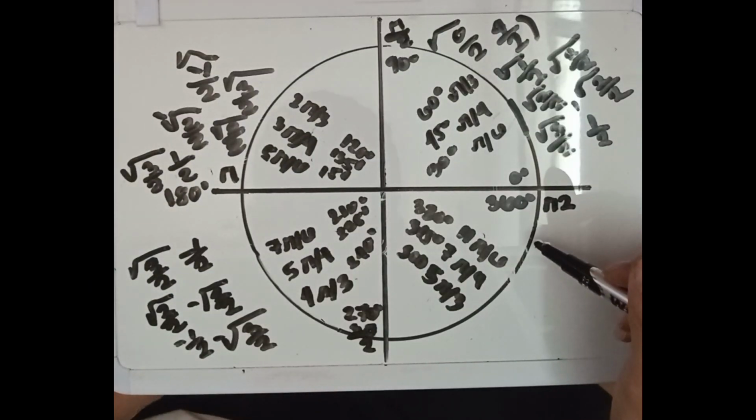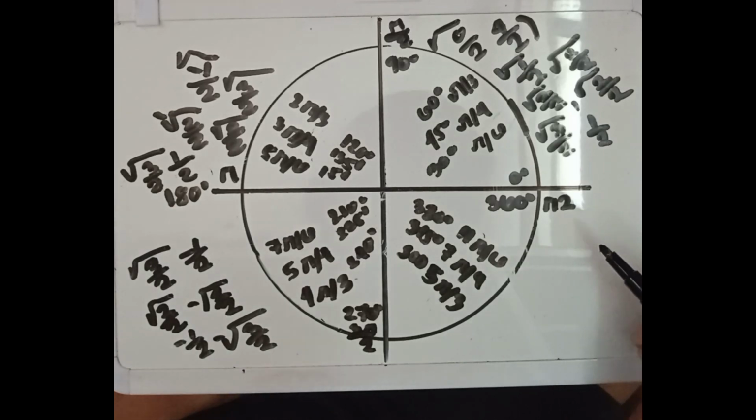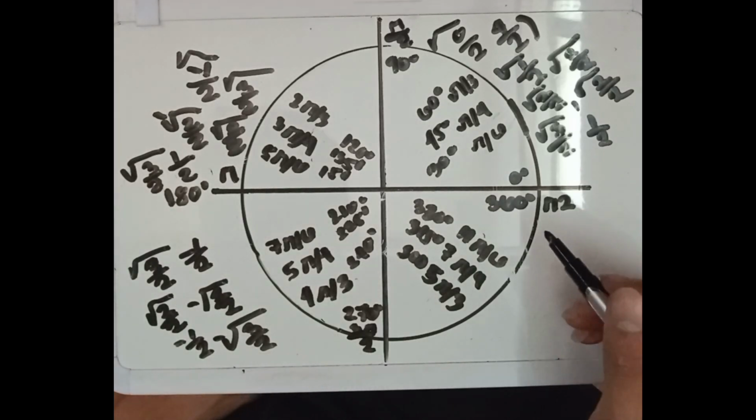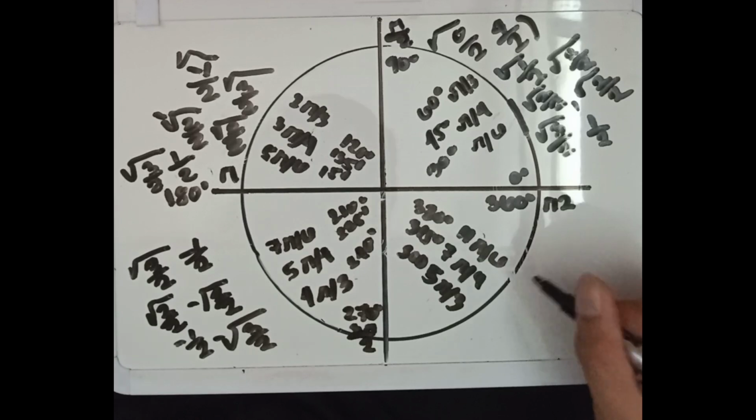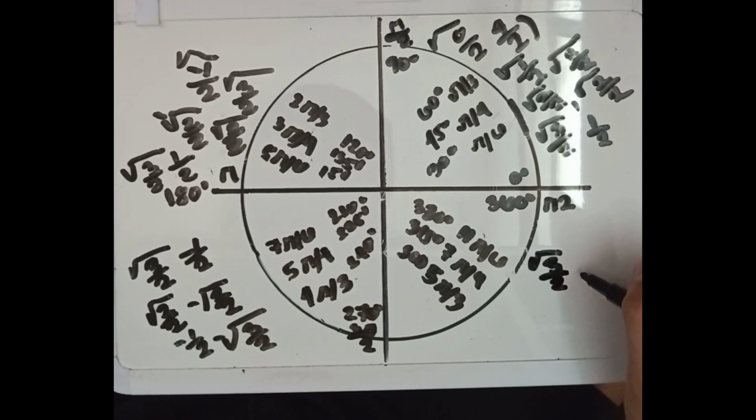Now let's move on to this side. The x and y coordinates of 330 degrees, 11 pi over 6, are square root of 3 over 2 and negative 1 over 2.